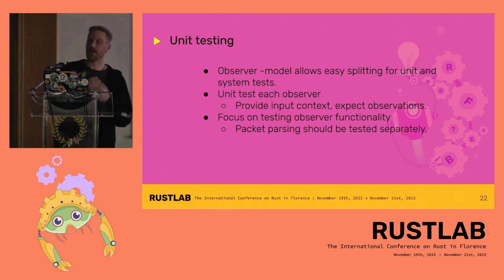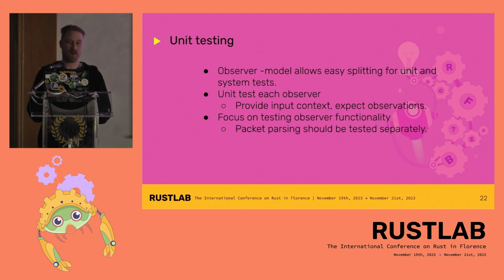So we can unit test each observer separately so that we can concentrate on testing that observer's functionality. We just provide some packet and context and then expect some observations and the right kind of packet from the output channel. When we are testing observer functionality, we should focus on the observer functionality.